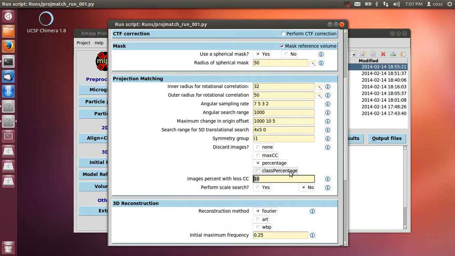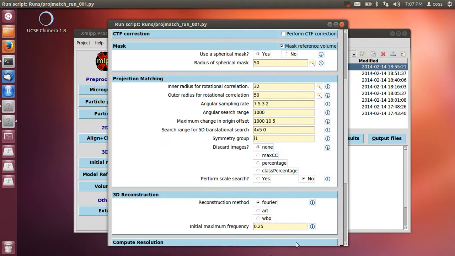But there are some projection directions that systematically have lower cross-correlation values, so it is a little bit unfair to discard the 10% of images with a smaller cross-correlation, because probably you are discarding completely one direction. So you may apply the same policy but by projection direction. For every projection direction you discard 10% of the images. So let's say we don't want to discard.